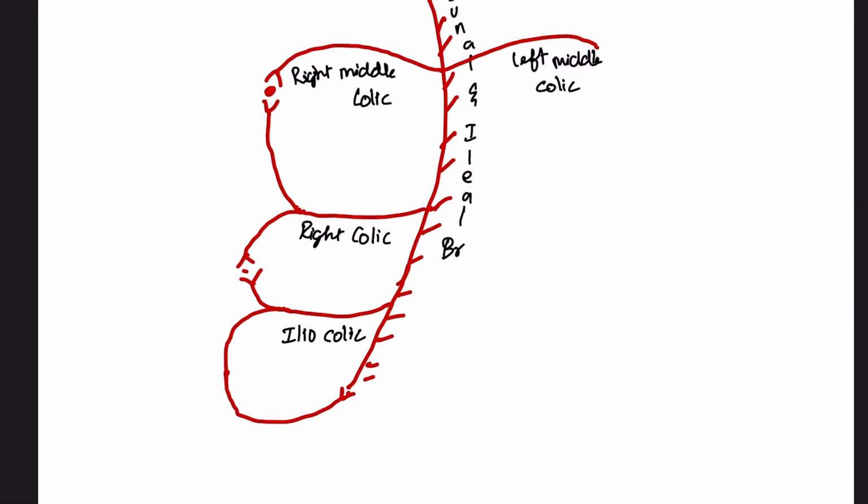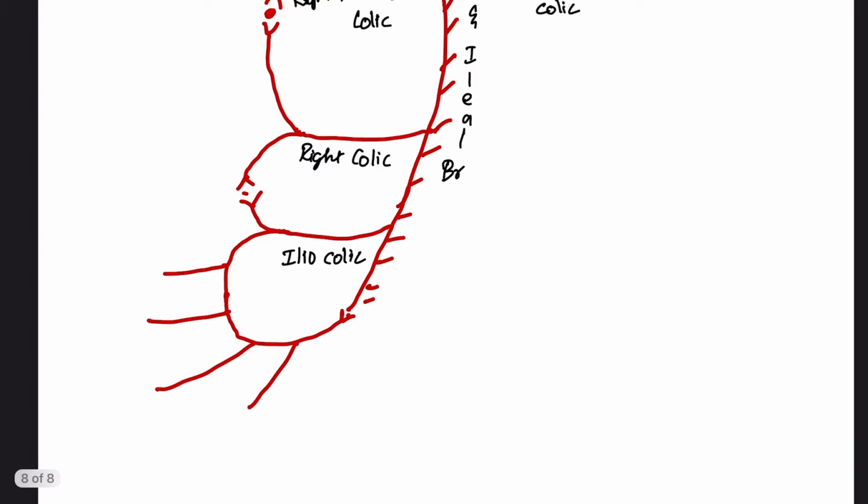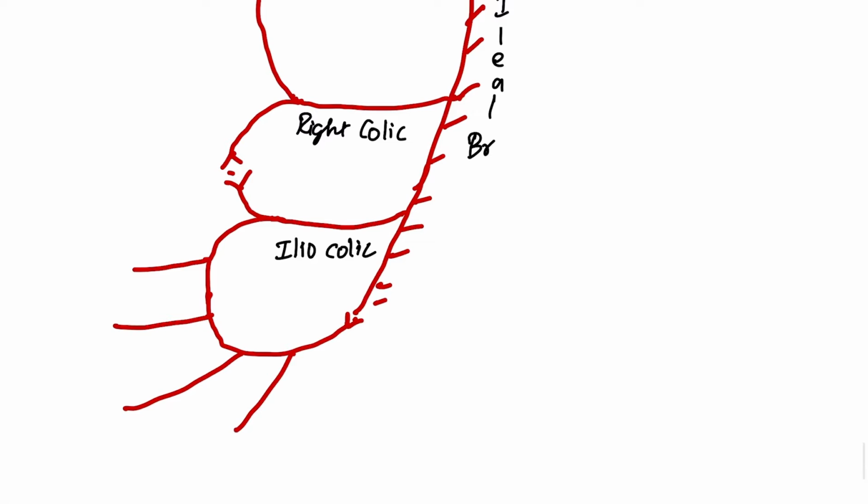Now the iliocolic artery has four branches: anterior cecal artery, posterior cecal, appendicular artery, and then iliac artery. Four branches of the iliocolic artery.